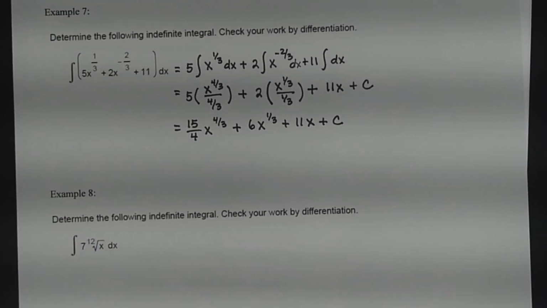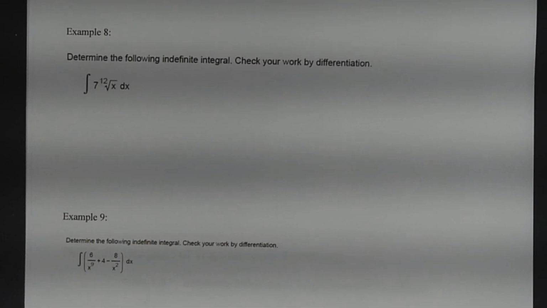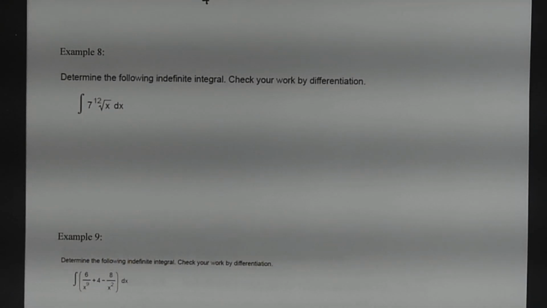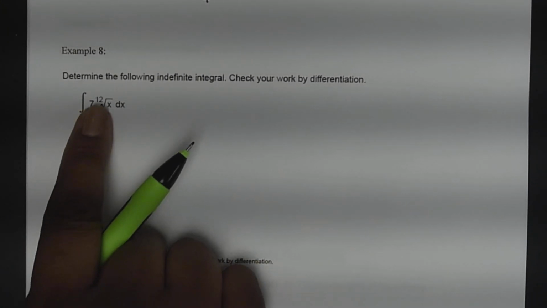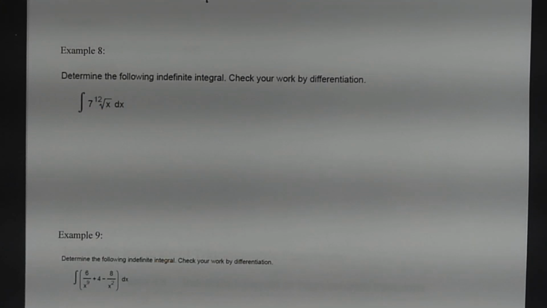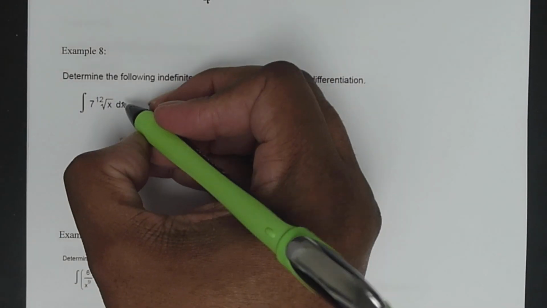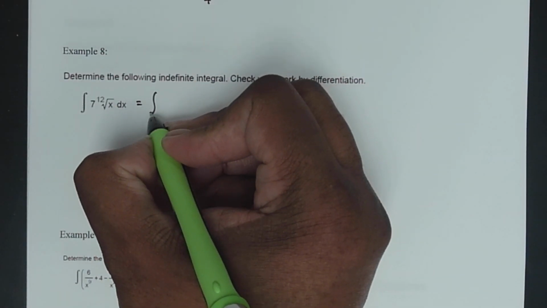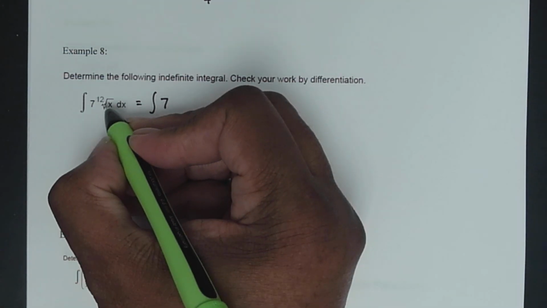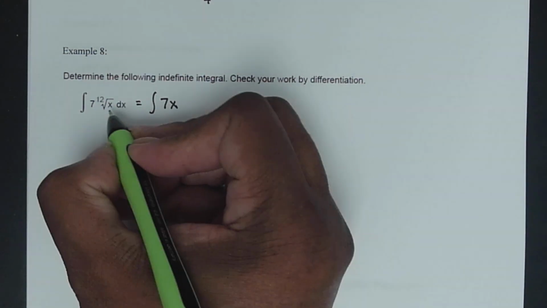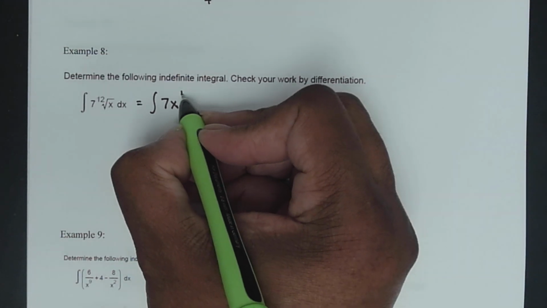All right, example 8 looks like this. You got the integral of 7 times the 12th root of x dx. I'm going to write the 12th root of x in exponential form, so I'll bring the 7 over. The 12th root of x will be x to the exponent, for the x is the understood 1.